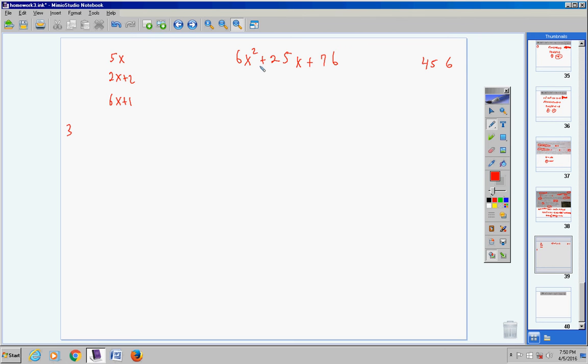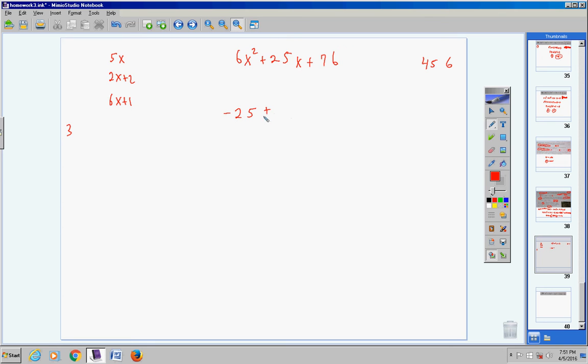6x squared plus 25x plus 76, and hit graph. And actually that might not be a good idea because the numbers are so big it might not show up on my screen. So I'll tell you what, I'm going to go ahead and see if this has these zeros by using the quadratic formula. That's what I'm going to do because it is a quadratic.